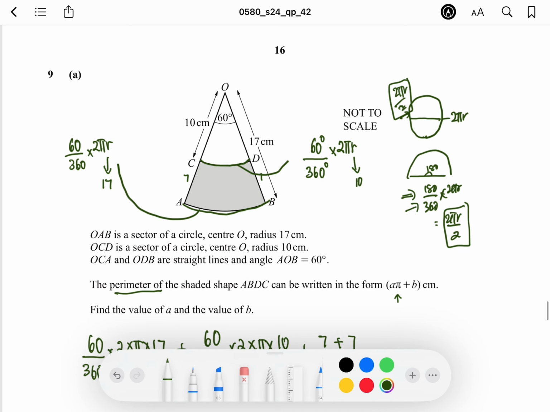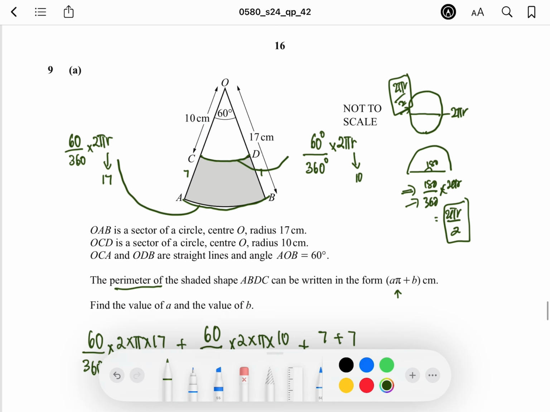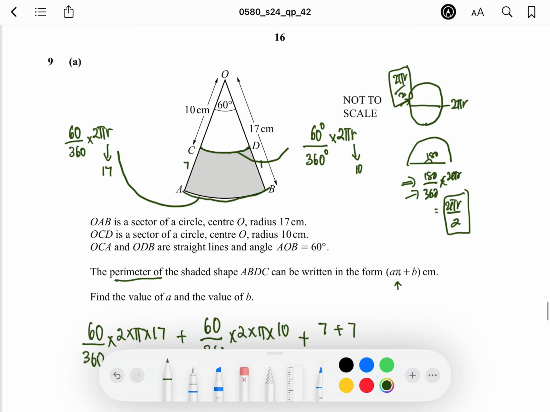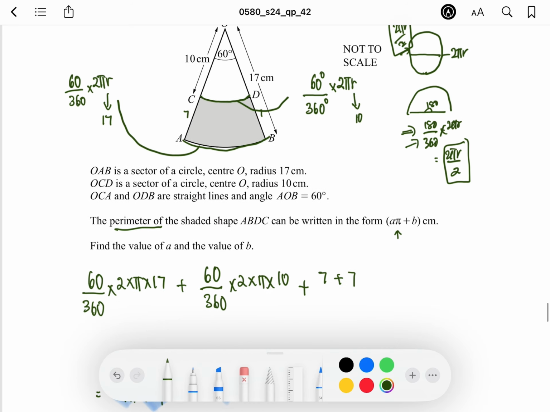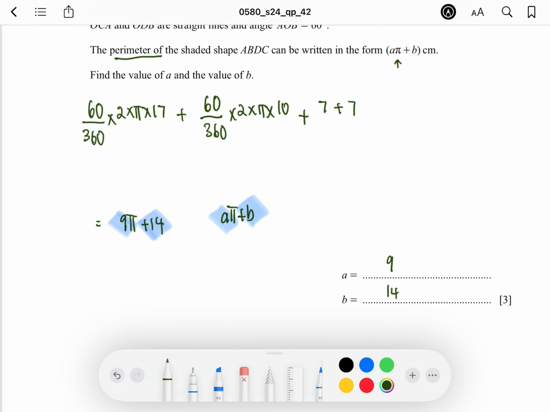Here in this case, make sure of your angle of sector and length of arc. How to use the angle of the sector to find the length of arc? Okay.